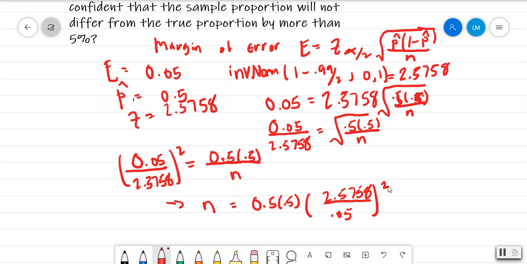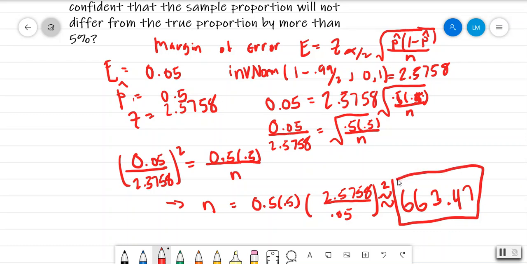If we take 2.5758 divided by 0.05, and then square that, and then multiply by 0.5 times 0.5, you're going to get approximately 663.47. So all that you need to do from here is just round up.